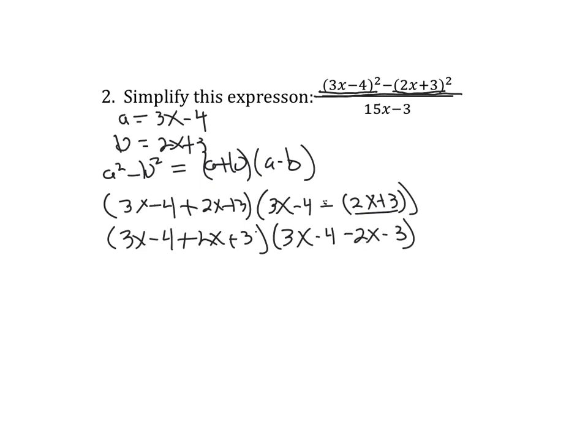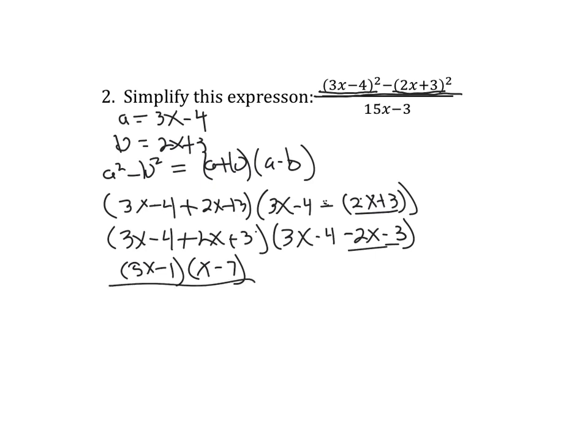Okay, so again, be careful about the signs here. This negative here turns everything inside the parentheses to its opposite, so it turns 2x to a negative 2x, and it turns 3 to a negative 3. Okay, now I'll combine like terms, and I'll get (5x minus 1) times (x minus 7).